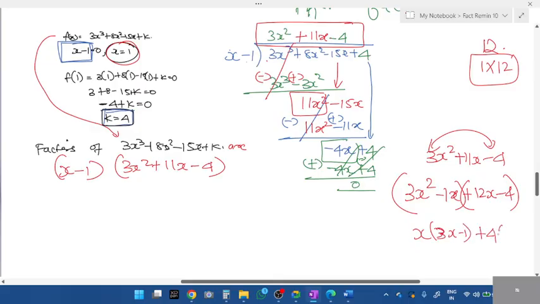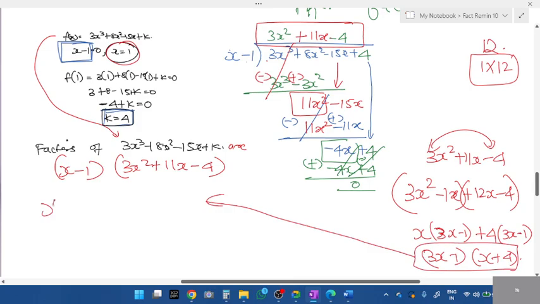Then plus 4 is common. Next, 3x minus 1. So 3x minus 1 into x plus. Just copy this and write it here. X minus 1. And sorry, you have to do the calculation, students. Write all this calculation here. 3x square minus 1x.